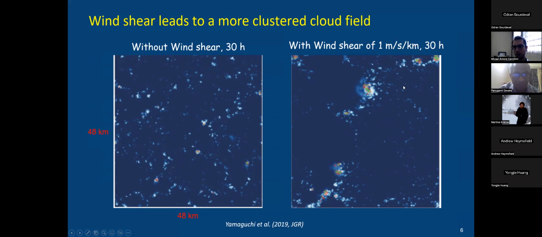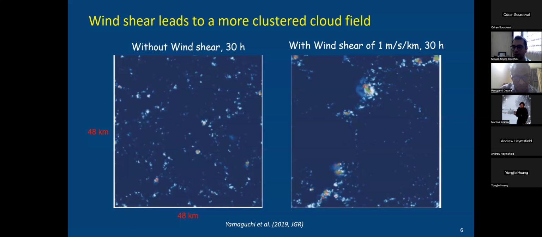But then when you add wind shear, this is a 30-hour run, right? So not exactly one daily cycle as in the Amazon. This is for trade wind cumulus in the ocean, so it's more reasonable to do 30-hour simulations. And they noticed that the clouds tend to get more clustered together. If you think about one cloud, the cloud is more prone to evaporation and dissipation because of wind shear due to entrainment dilution.